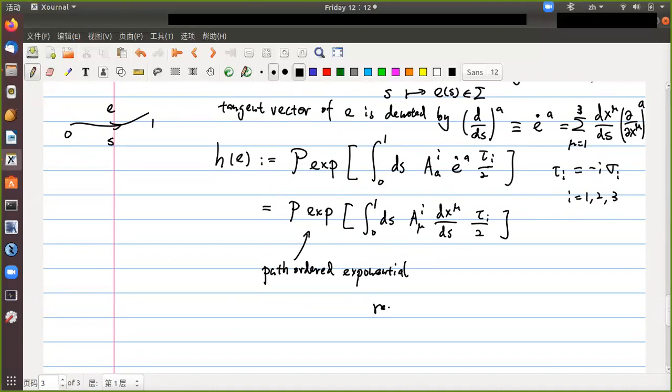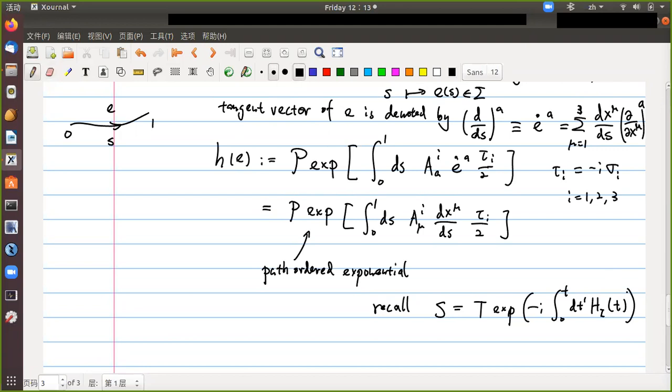Recall that in quantum field theory, the S matrix is a time-ordered exponential: minus i integral from 0 to t, dt prime, of your Hamiltonian in the interacting picture.